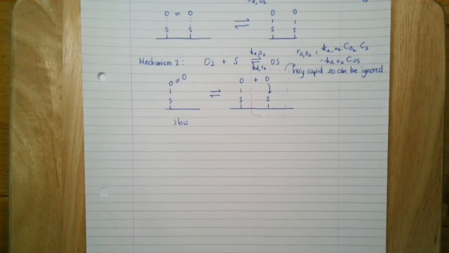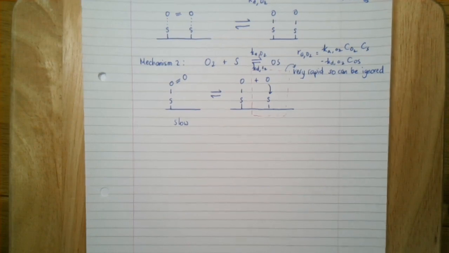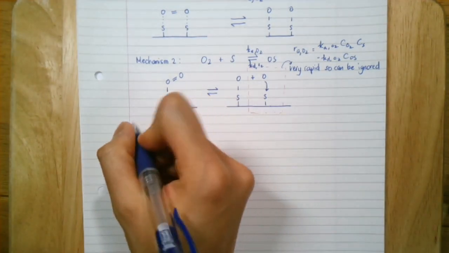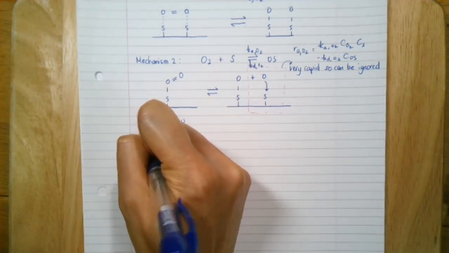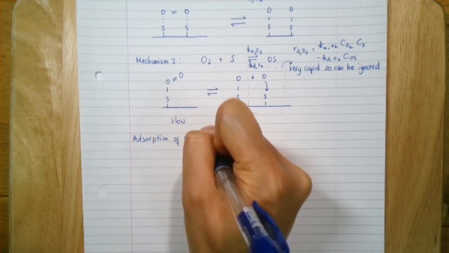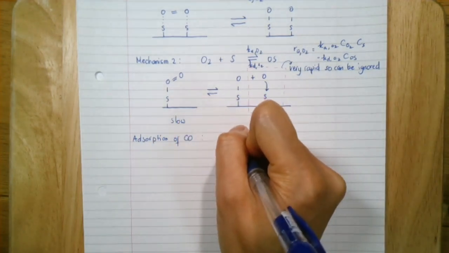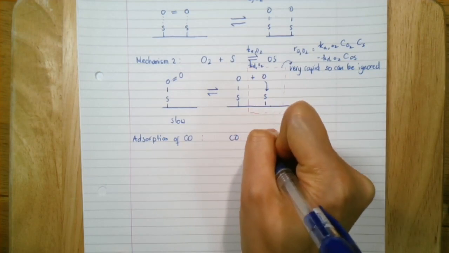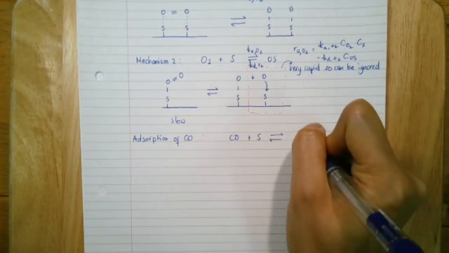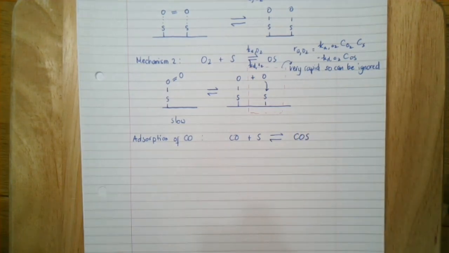Now let's write the expressions for the other steps, which are straightforward. Adsorption of CO: we have CO plus S going to COS.